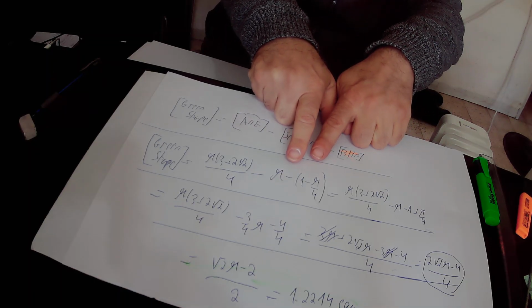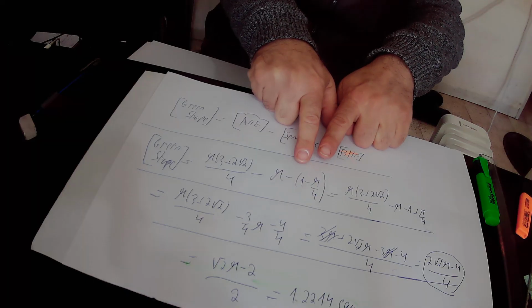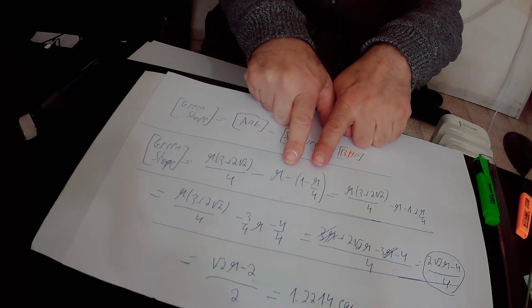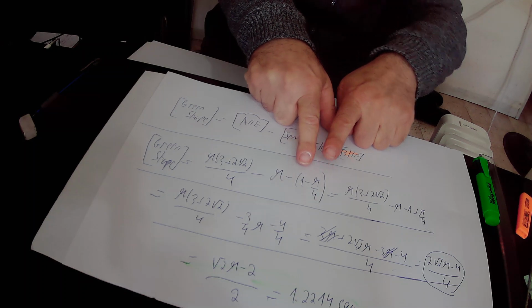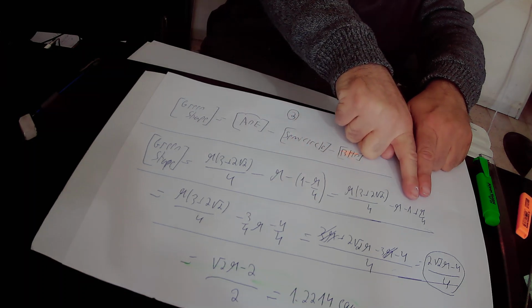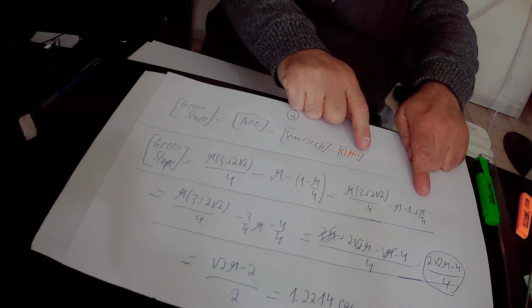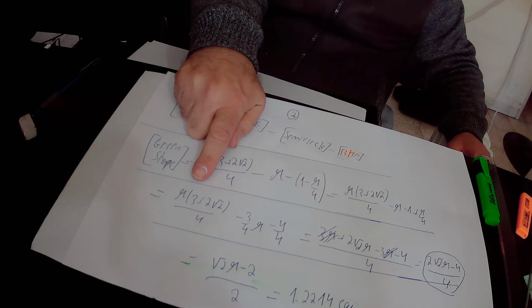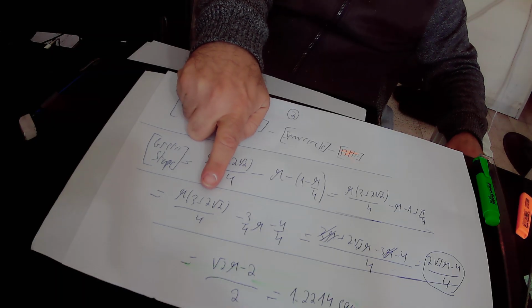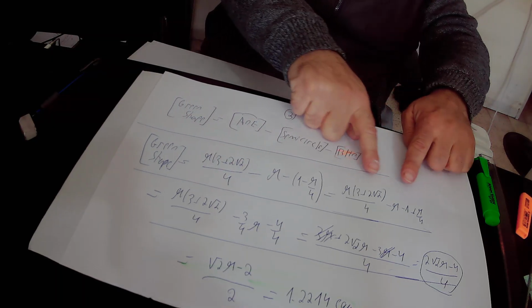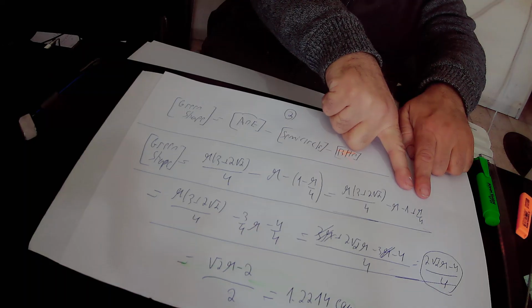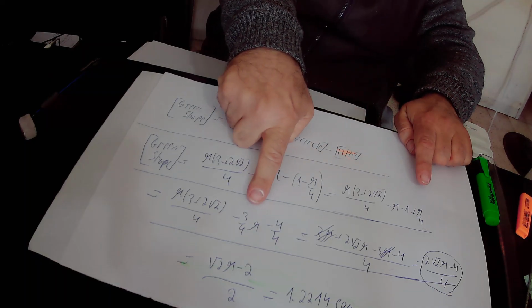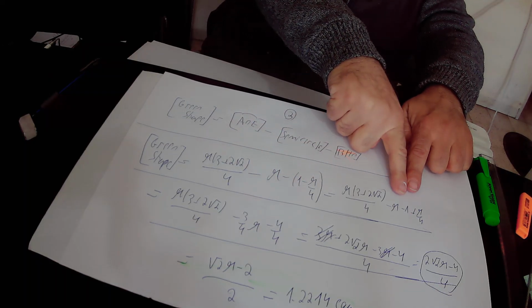After we open the brackets, we will have minus 1, and minus 1 times minus 1 is plus, so it is plus pi over 4. So in total, we will have minus 1 plus pi over 4. So the area of the green shape in total will be equal to pi times (3 plus 2 times square root of 2) over 4. And here we have minus pi plus pi over 4 is minus 3/4 pi, minus 1.